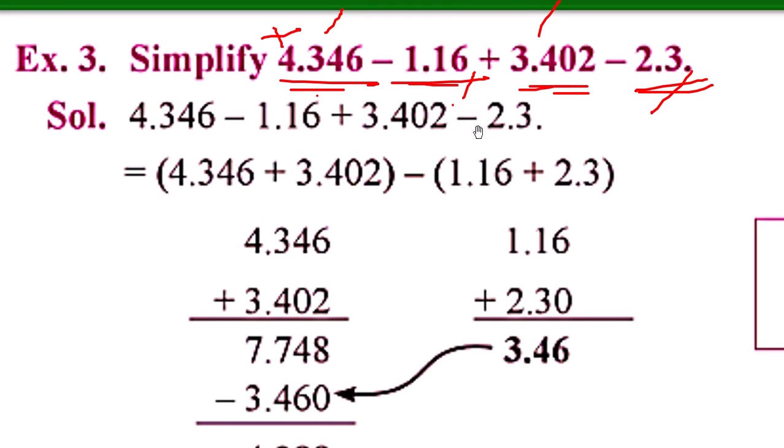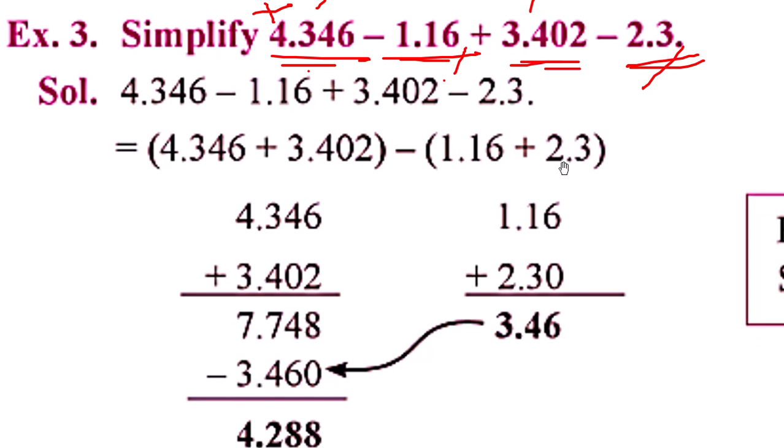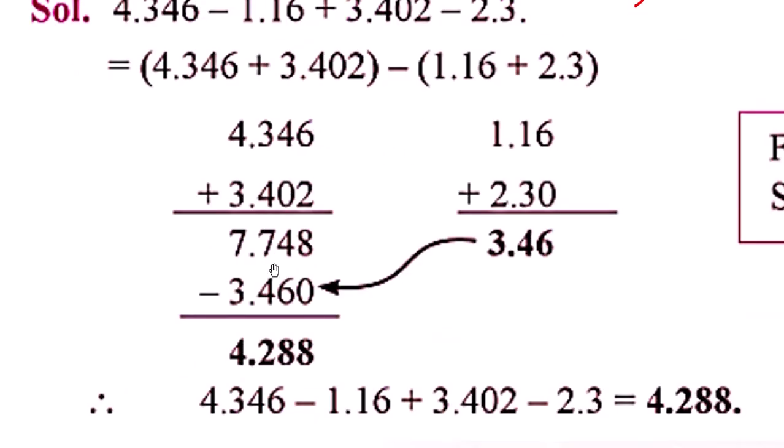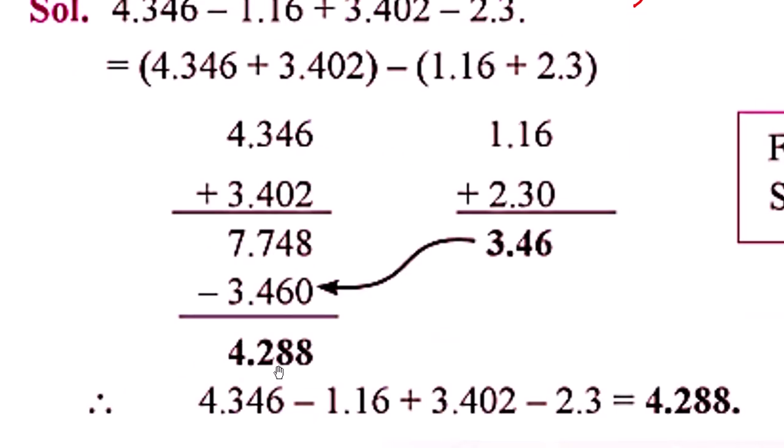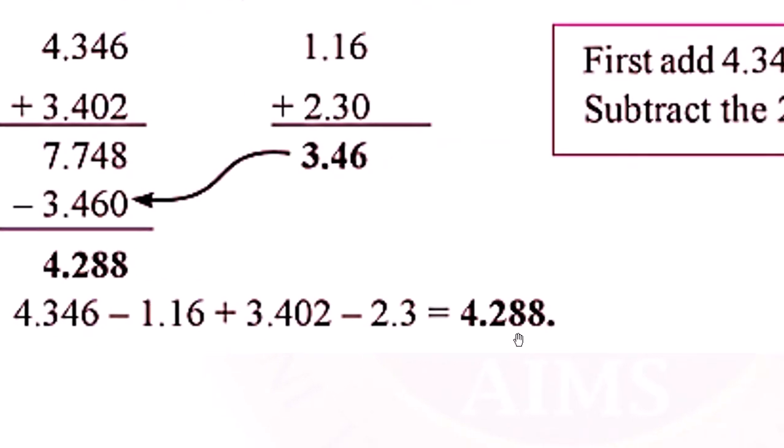Both the negative decimal numbers we will take minus as common, both will become plus, and we will keep them inside a bracket as another group. This group to be added first, next this group to be added, first group minus second group, now we have to do minus. So then we will get the answer.